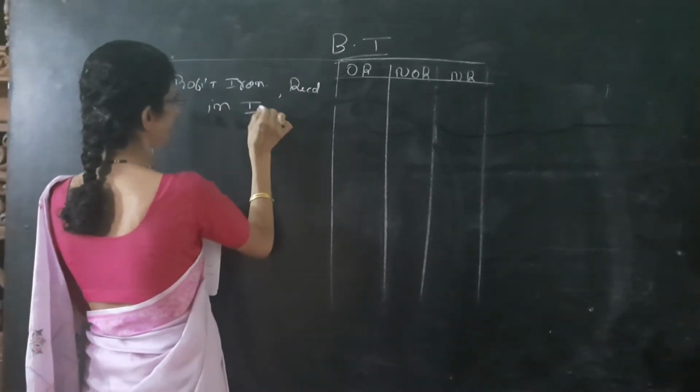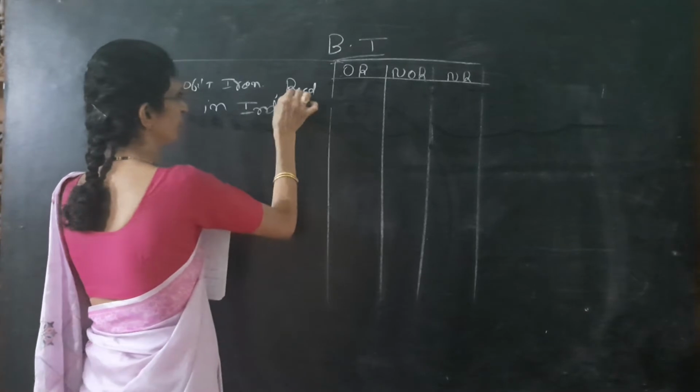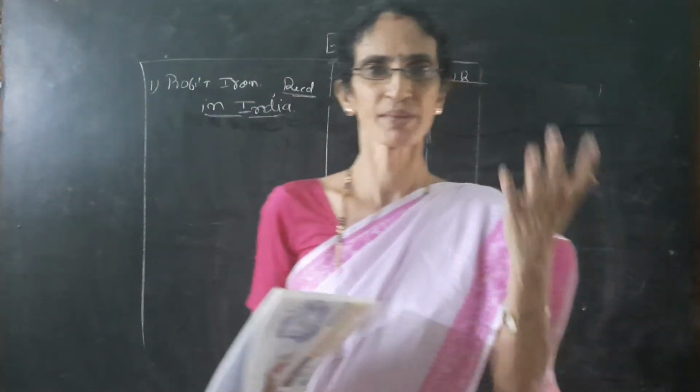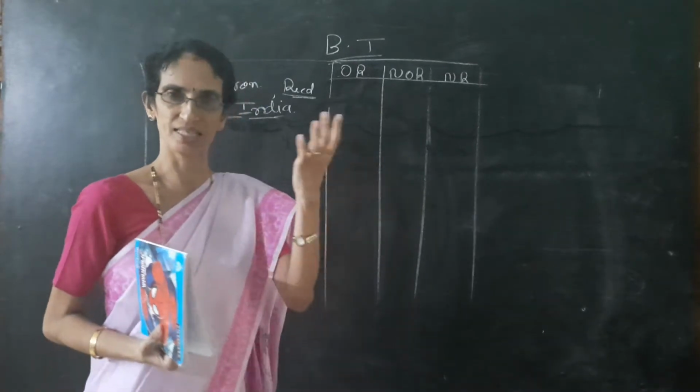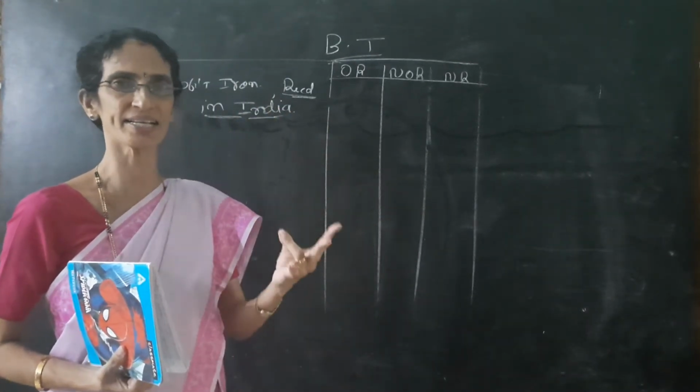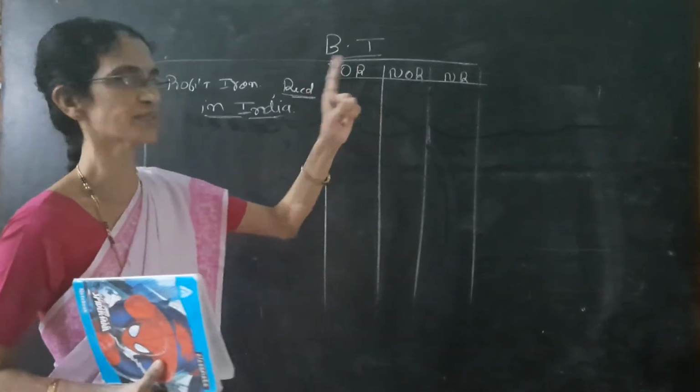In that format it is given, any income received, deemed or accrued in India, then three columns yes.